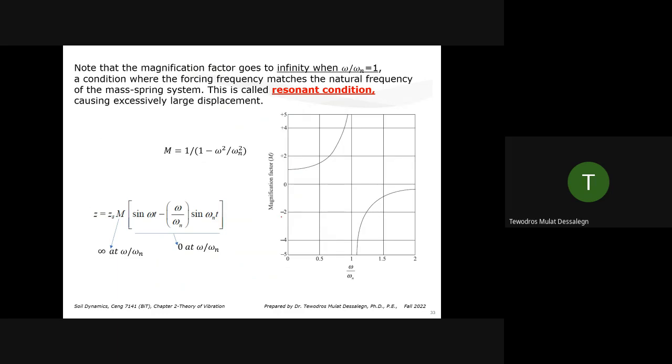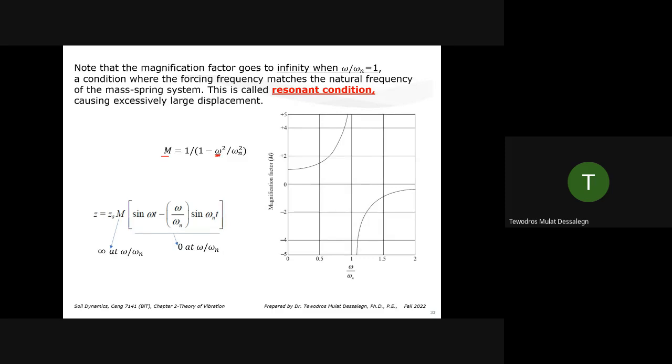Now, look. Note that the magnification factor goes to infinity when W by Wn equals 1. This magnification factor is M. M equals, we said, 1 over 1 minus W squared by Wn squared. W, which is a forcing frequency, is a characteristic of the motor, we get from the manufacturer.